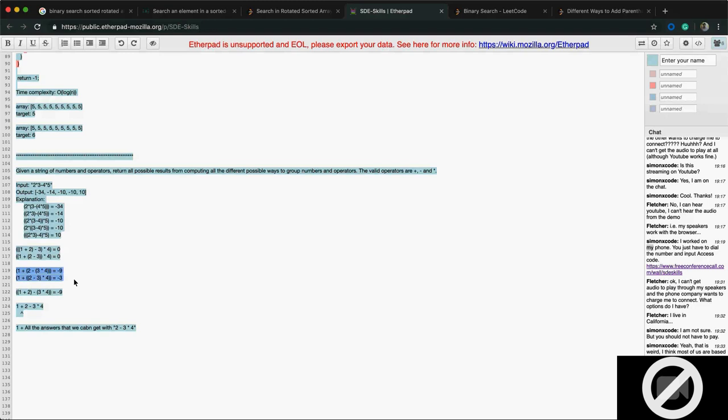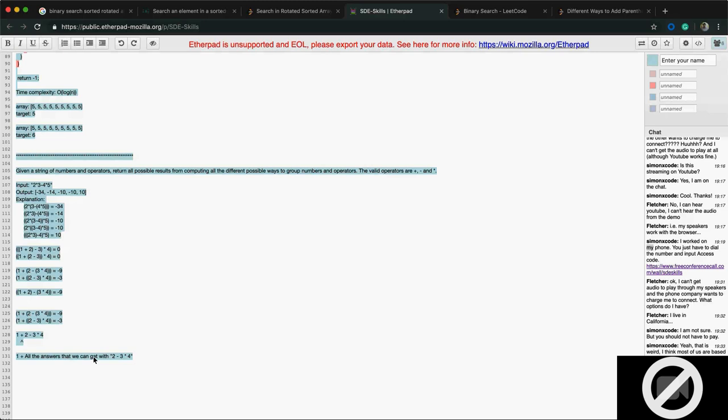So first of all, I want to focus on this scenario, the one that is highlighted. Let me put them here. Okay. So if we take this equation, essentially what we are saying is, if we divide the string at the plus operator, then 1 plus all the answers that we can get with the remaining string, which is 2 minus 3 into 4.